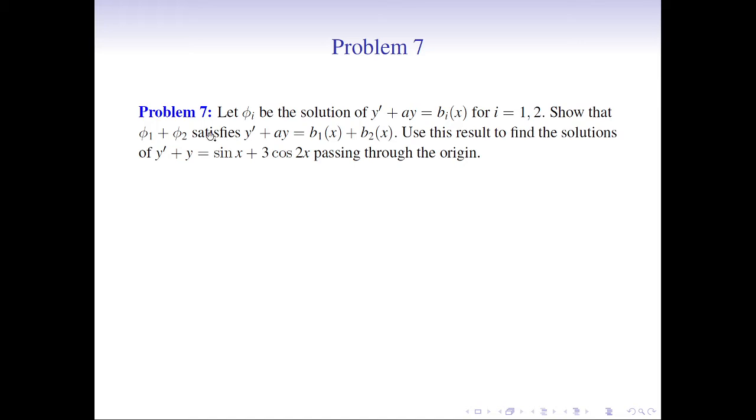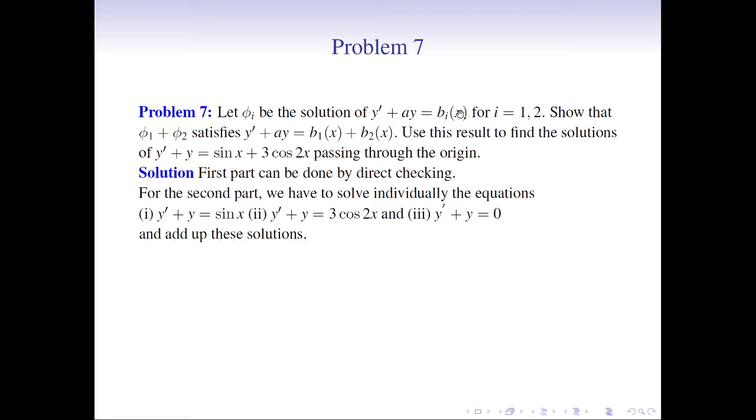So for that, what do we do? We just plug in phi 1 plus phi 2 instead of this. Okay, and then we will see by using the given equation and the fact that phi 1 and phi 2 are solutions of this, and using the property which I mentioned just now, it will follow at once that phi 1 plus phi 2 satisfies this equation.